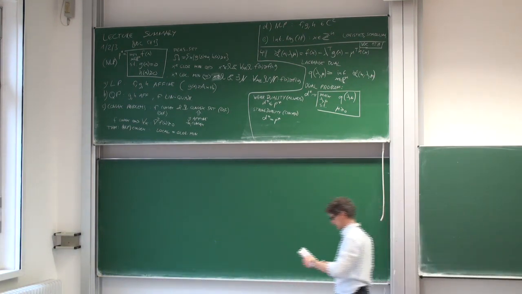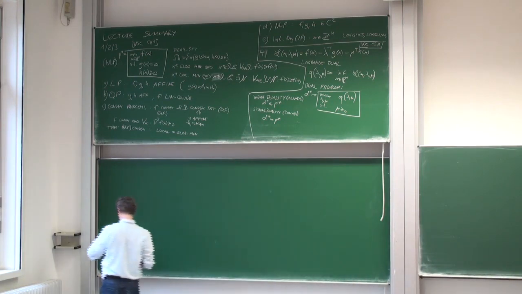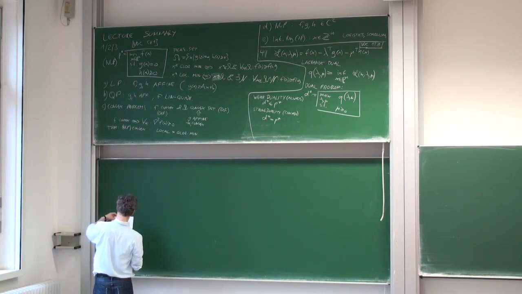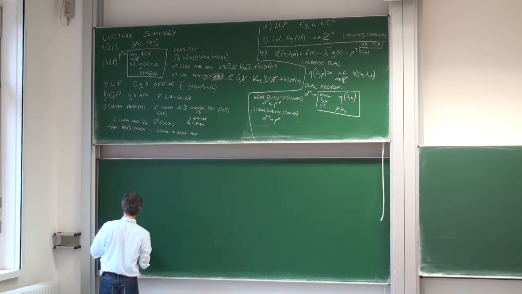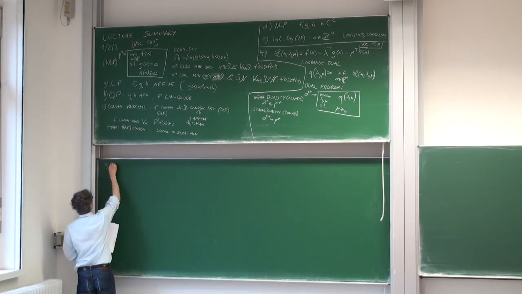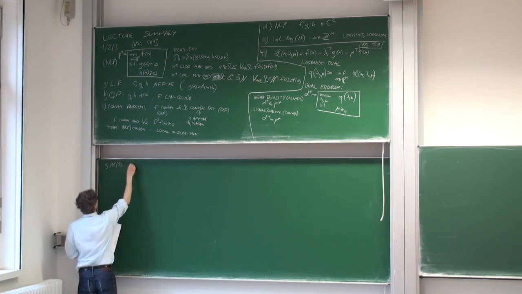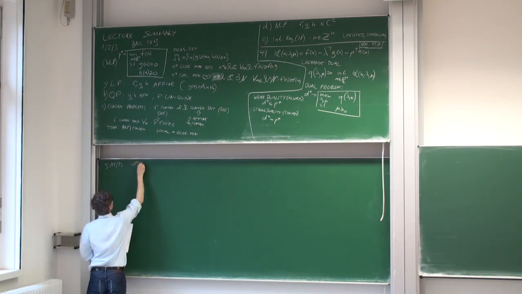Let me just check it up. It was chapter 5 and chapter 11 and chapter 13. Chapters 5, 11, and 13 were all about optimality conditions.